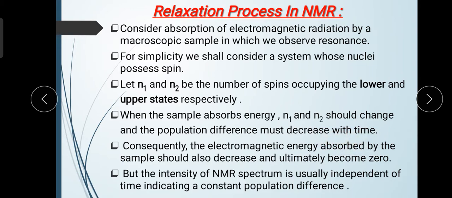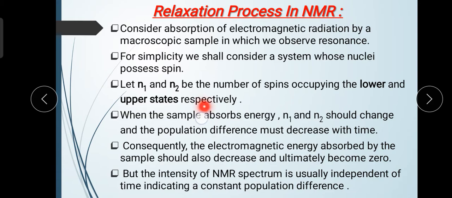We know that according to the Maxwell-Boltzmann distribution, in equilibrium, the number of atoms, here the number of spins, in the lower energy level is obviously more as compared to the upper energy level.